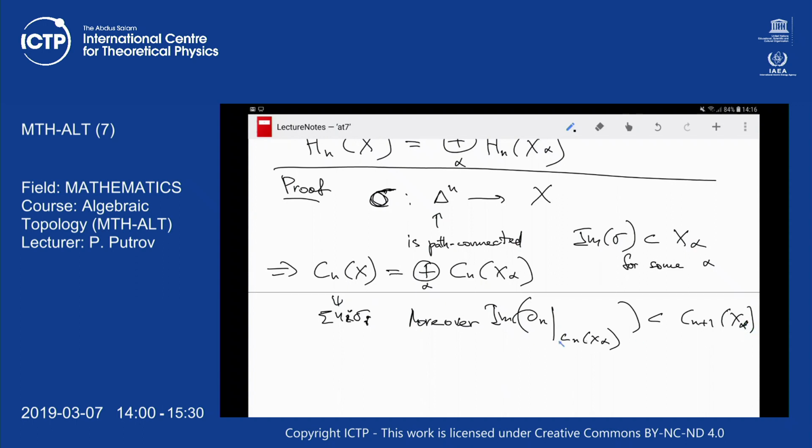So we get this property, and therefore, since Hn of X is defined as the kernel of delta n, which acts on Cn, divided by the image of delta n plus 1, acting on Cn plus 1, and since all these maps act independently and don't mix up these subgroups, we get that for this quotient we also have a direct sum decomposition.